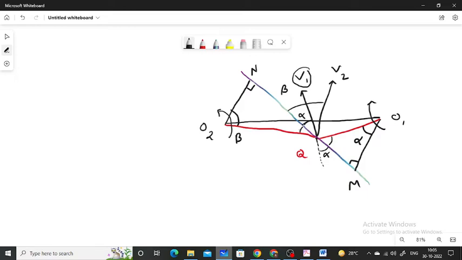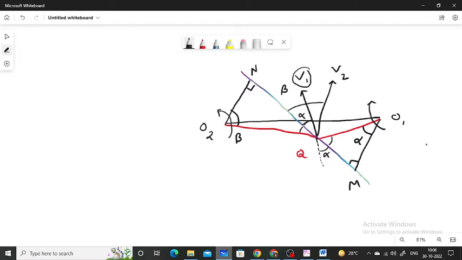Okay, for constant velocity ratio, the component of velocity of wheels along the common normal should be equal. अगर velocity का component common normal के along equal नहीं होगा तो एक व्हील दूसरे व्हील के साथ constantly mesh condition में नहीं हो सकता.